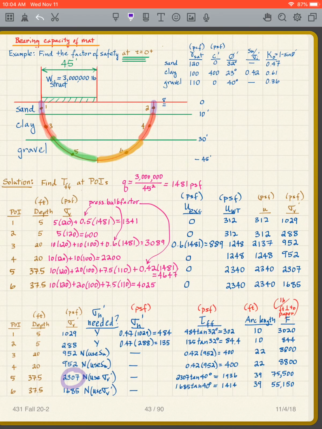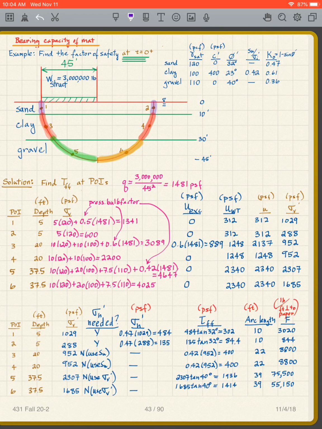Sigma V prime tangent phi prime in the gravel. That's what I want because, again, in the gravel it's horizontal, and so sigma V prime acts perpendicular to that plane. So I get my tau FFs for my gravel, get my tau FF for my sand. Now what do I do for the clay?